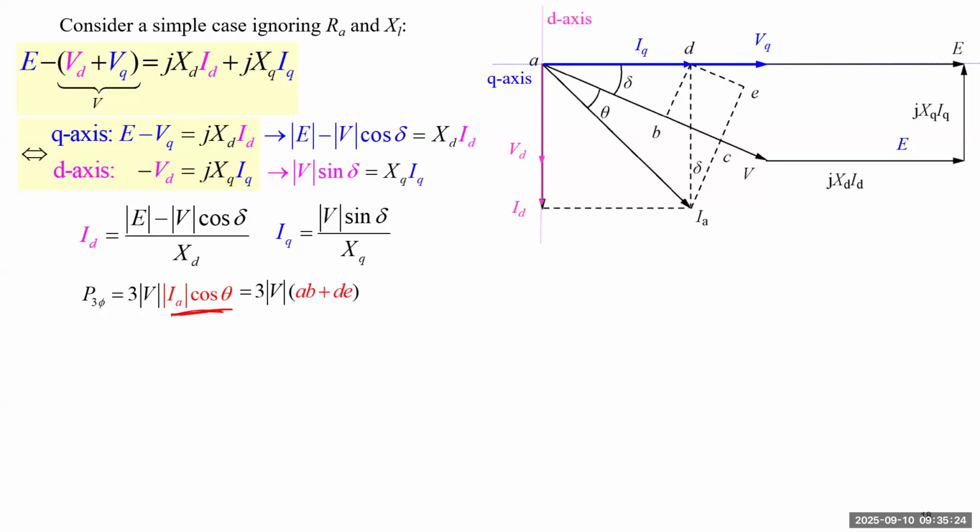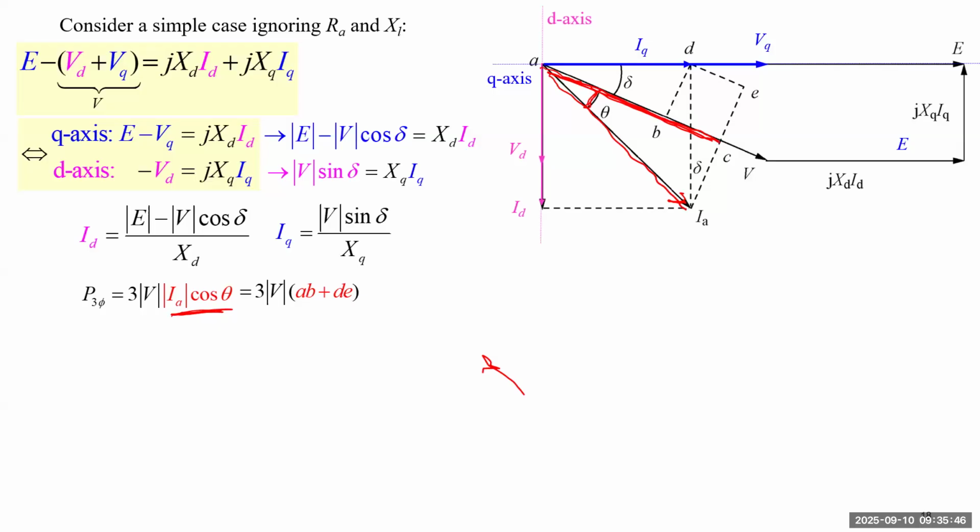So if we try to find out, this is the current, right? And multiplied by cosine theta, this is theta. So this item is actually equal to this length if we utilize that triangle.